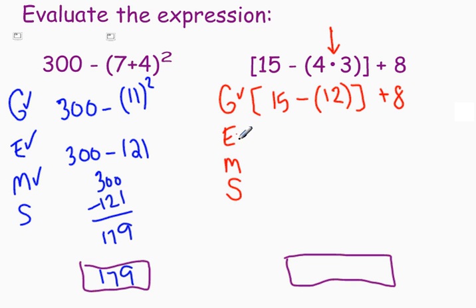I don't have any. I check for multiplication. Nope, I don't have any of that left either. And now I've got some subtract and add. 15 take away 12 is 3. And then I've got my plus 8, which is 11. So my answer all the way down here at the bottom will be 11.